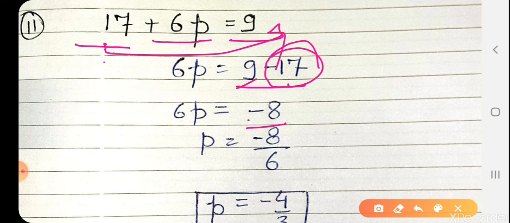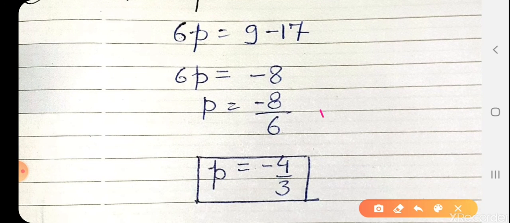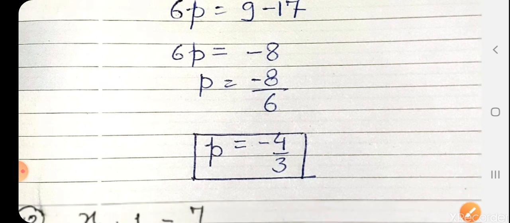So in the answer the sign of the greater number will dominate. So this 6p is equal to minus 8, and p is equal to minus 8 upon 6. Answer can be this also, but after reducing it into simpler form, 2 fours are 8 and 2 threes are 6. That's why the answer is minus 4 upon 3.